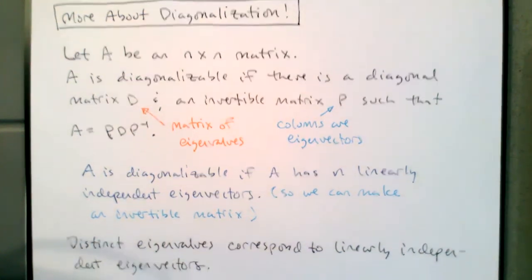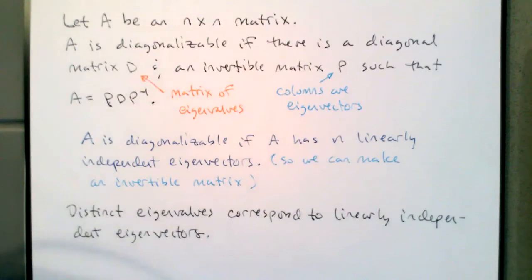So if we have an n by n matrix, and we find that it has n distinct eigenvalues, then we'll know we have a diagonalizable matrix because the eigenvectors will be linearly independent.